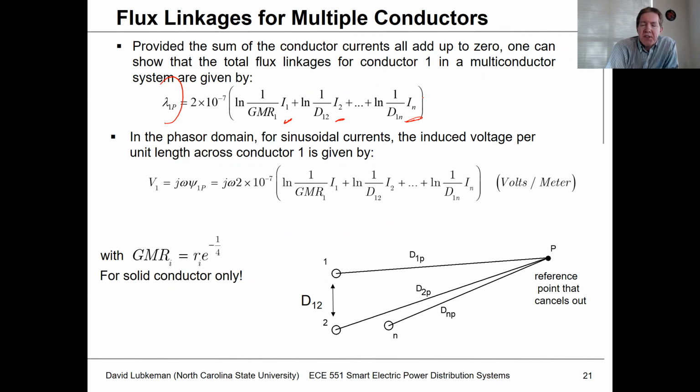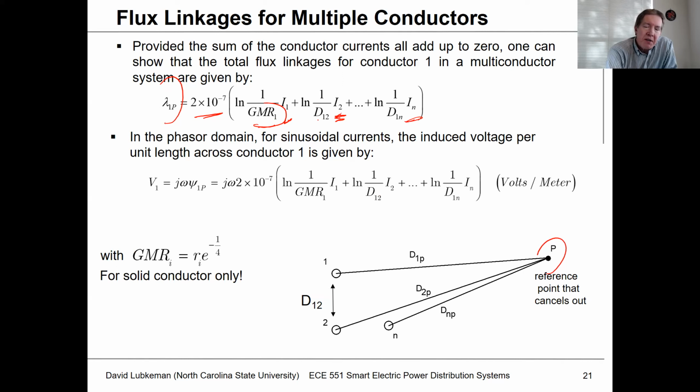Normally the way this gets done is we choose a reference point for doing this calculation that's way out, far away from our conductors. With respect to this reference point, you have a total flux linkage, which is 2 times 10 to the minus 7th. You have kind of like a self-inductance term, if you want to think about it that way, which is natural log of 1 over this term we'll call the GMR.